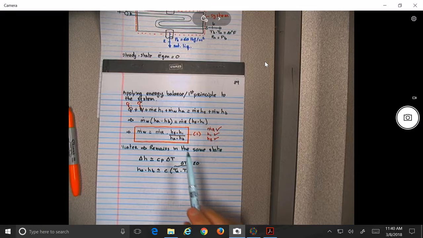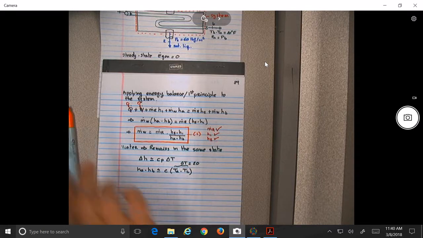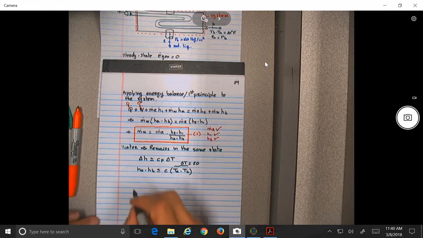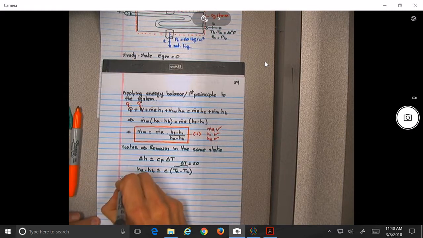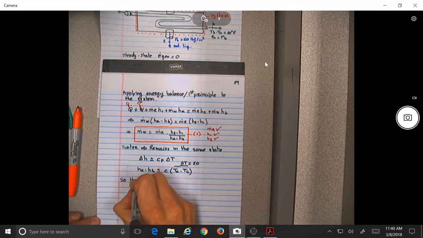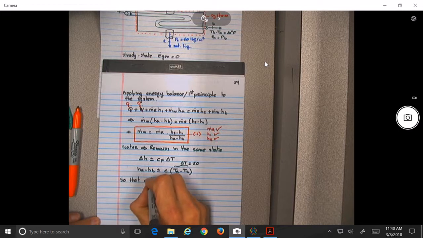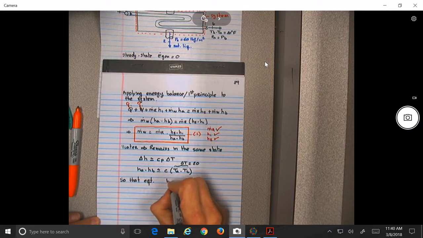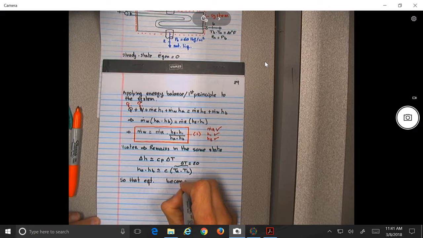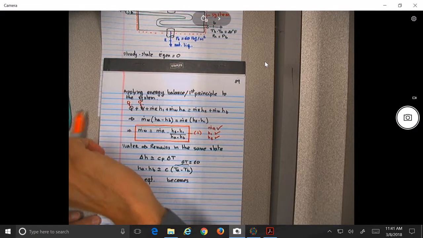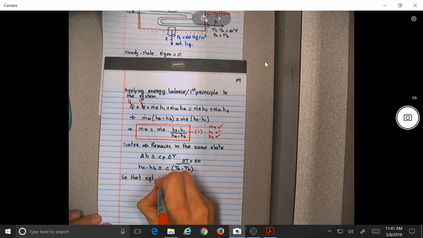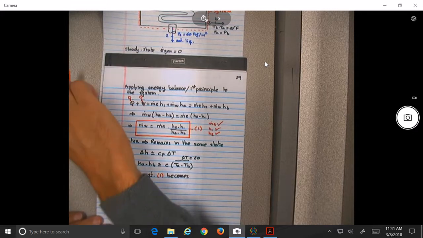So basically now we know MR, we know H2, we know H1, we know the one at the bottom. So we could say over here that equation 1 becomes what?